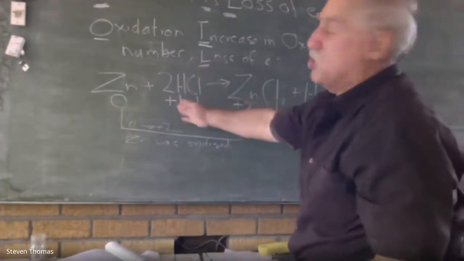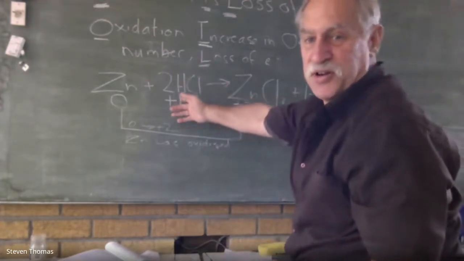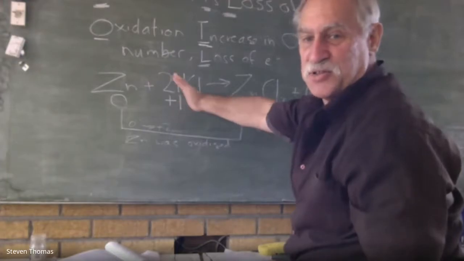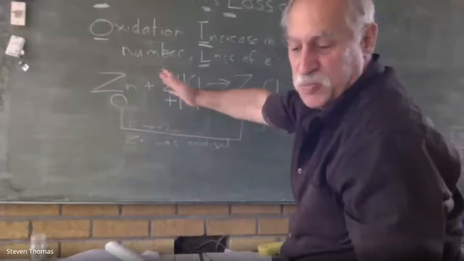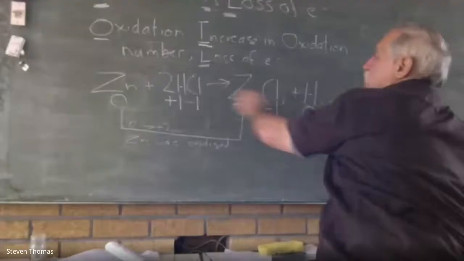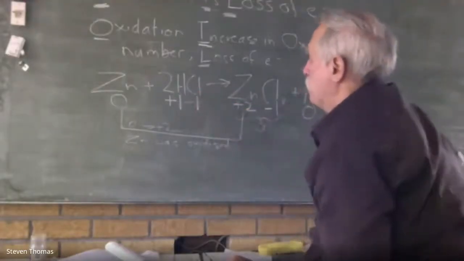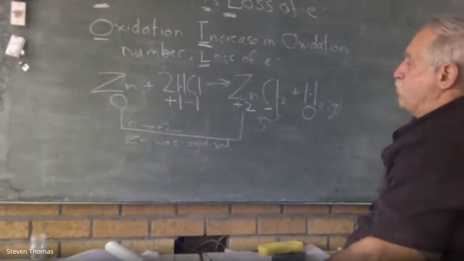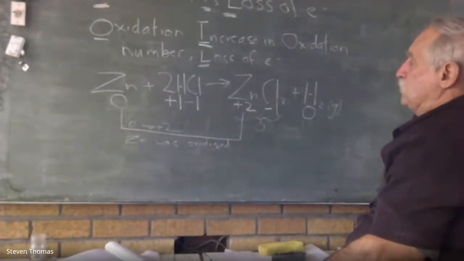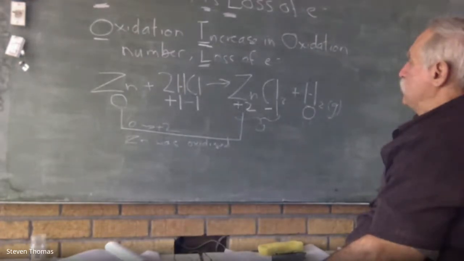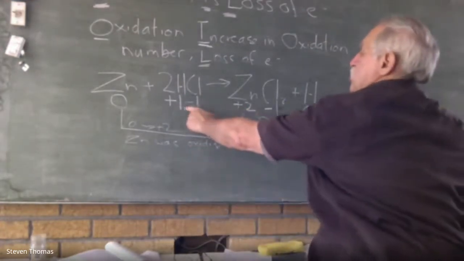Now, here's my question for you. Again, you've got to be brave if you don't mind. Let's be silly for science. Which of these was reduced? Which one's oxidation number decreased? Which of those changed? Look at the chlorine.